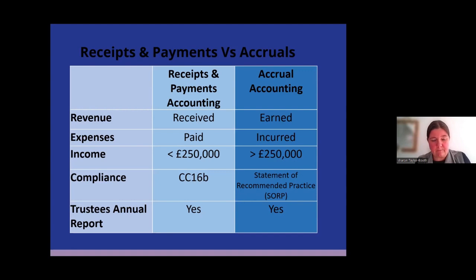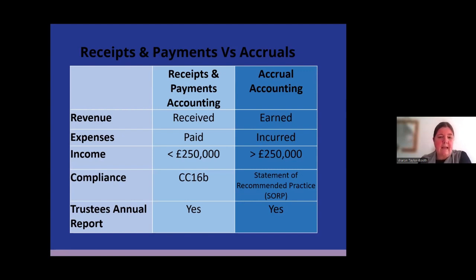For example, if you bought a photocopier and you paid for it on day one, cost you £5,000, but the life of that machine was going to be 5 years, you'd apply £1,000 per year to your accounts over a 5-year period.